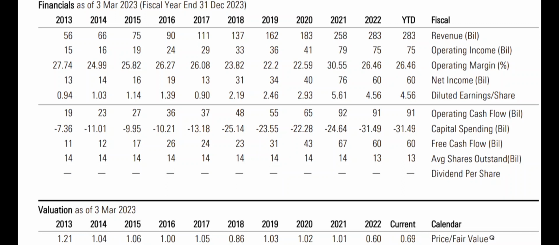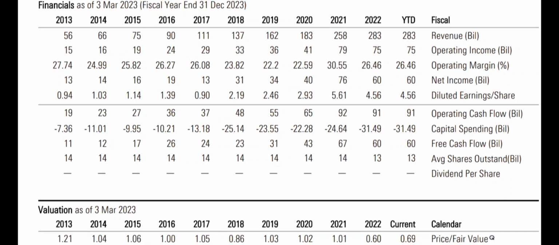So 110 plus 110 is 220. So that means one double in 5 years. So we'll just conclude this is 5 years, 15% growth rate on their sales.